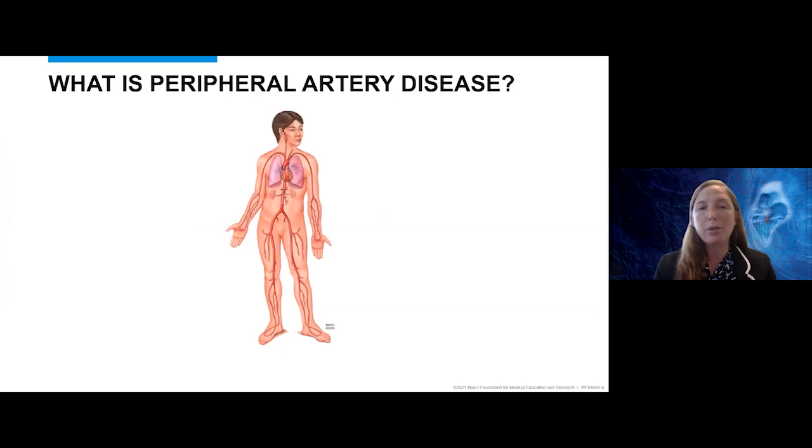And when we think about peripheral artery disease, it certainly is a broader umbrella term, but for the purposes of today, we're really just focusing on lower extremity peripheral artery disease, or PAD.